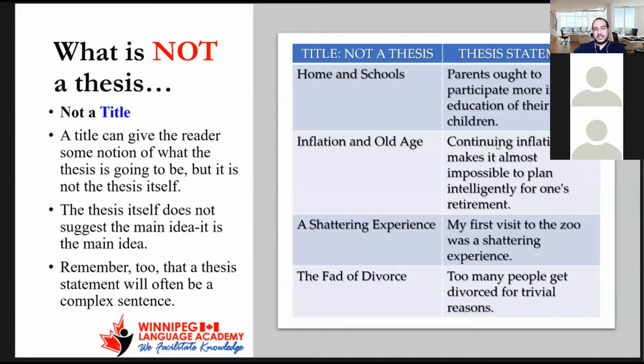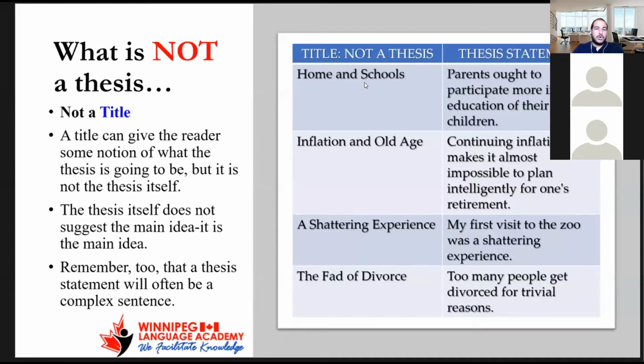Now, if you look at this title here, home and schools, okay? What do you get about that? What do you suggest the essay would be about? In titles, the title is just a kind of reference to the main topic.